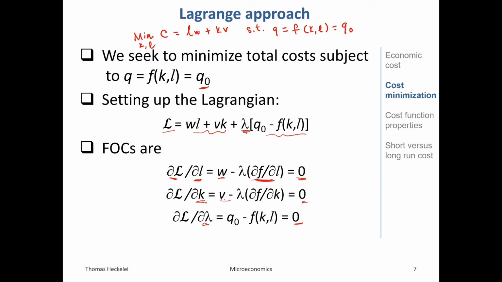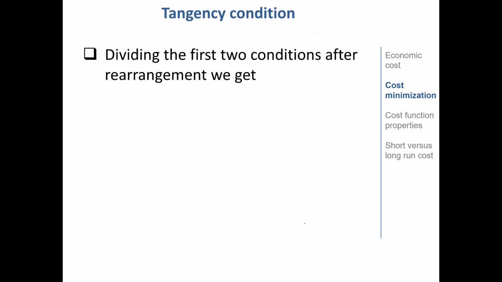Similar for the case of capital, right? And let's call them the first, the second, and the third equation over here. So the third equation, with respect to the lambda, returns the constraint, which must be equal to 0. That's what we have done.